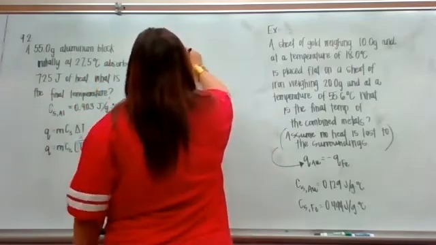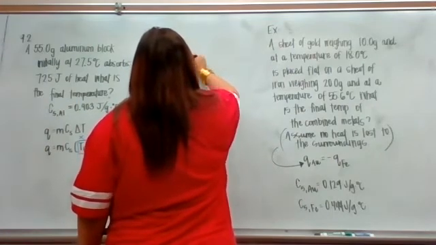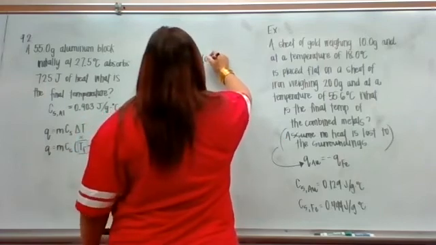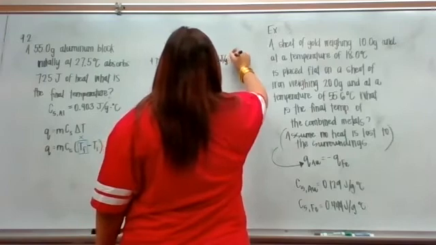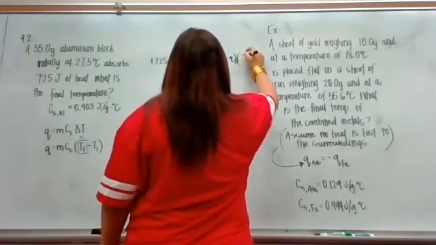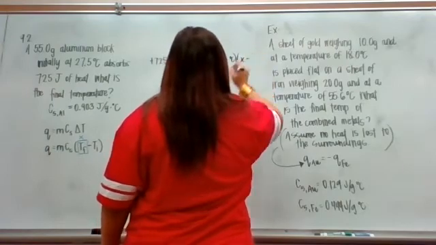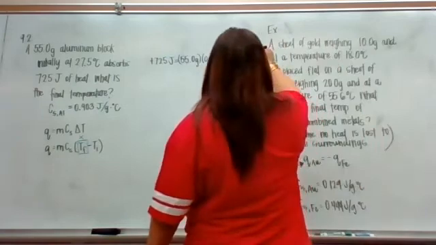My mass is 55 grams. The specific heat was given, or I gave it to you. And then I don't know my T_f, so I'll just put X, minus my T_i, which I do know.